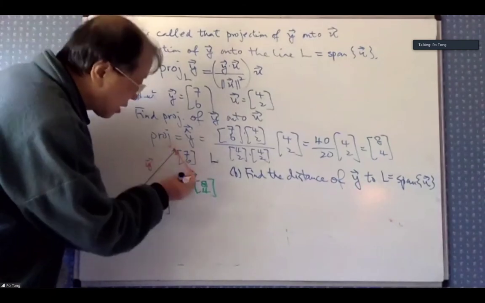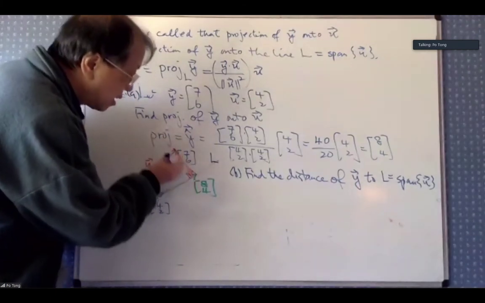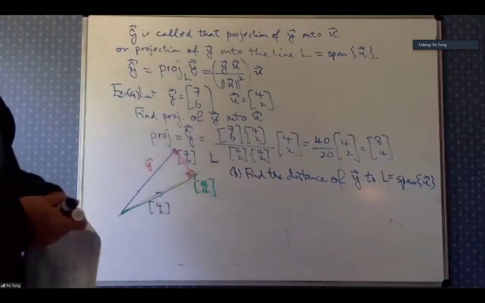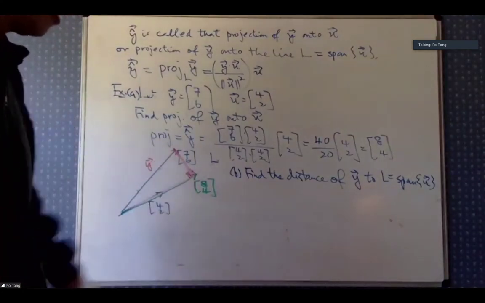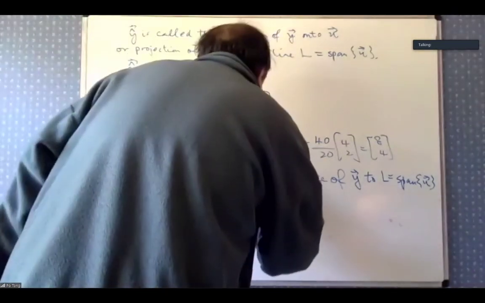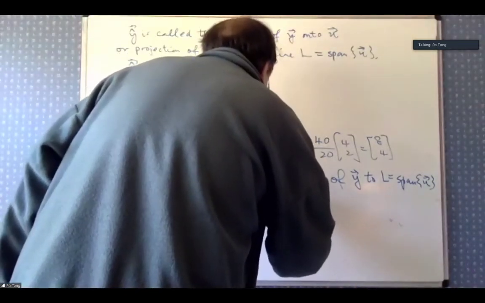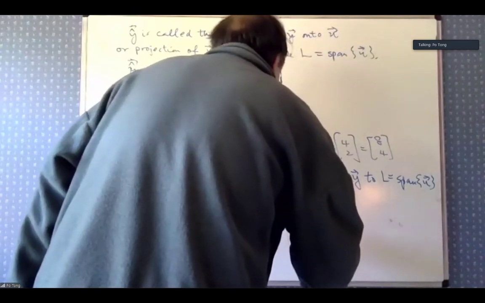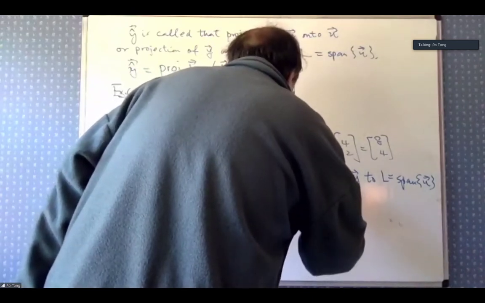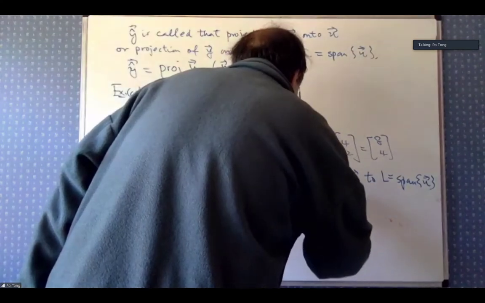So we are looking for this distance of this red line. I know this is 7, 6, this is 8, 4. So distance is equal to the norm of 7, 6 minus 8, 4.